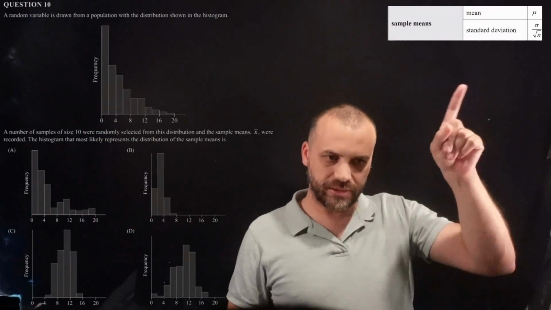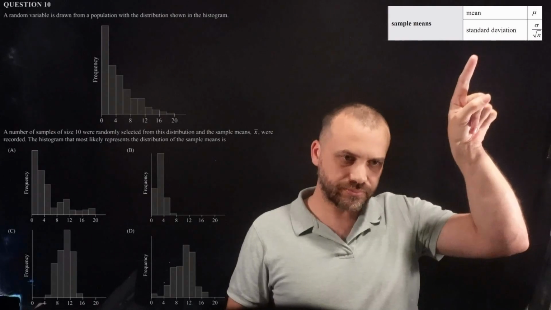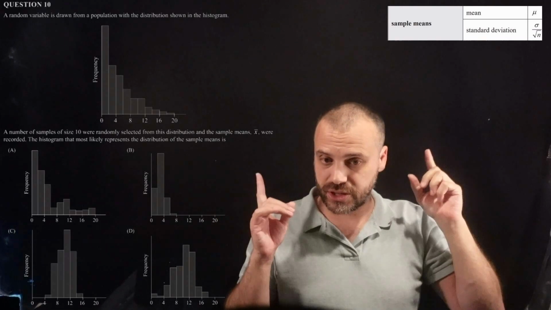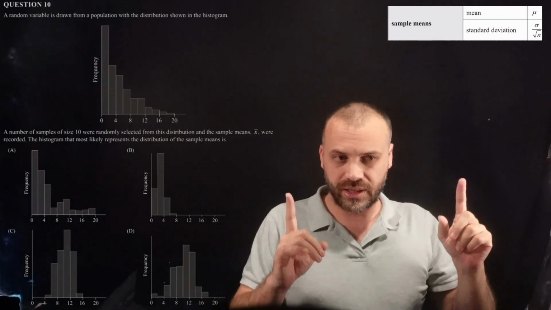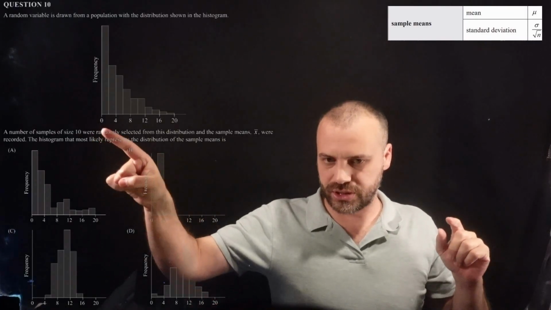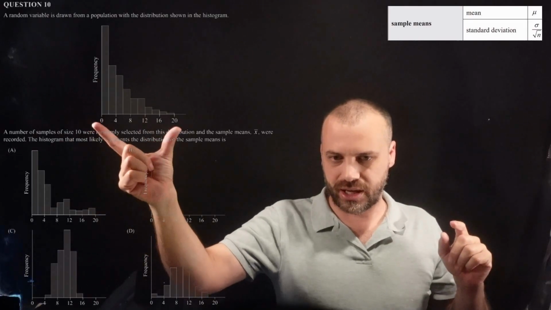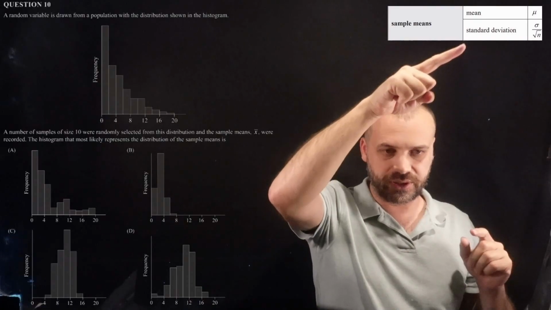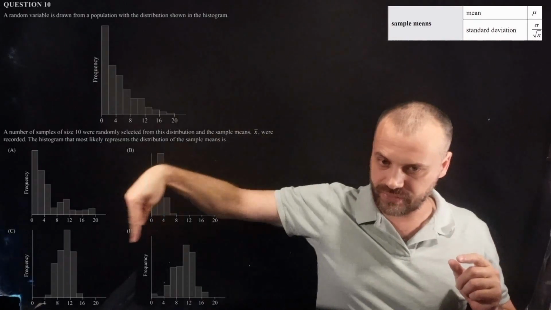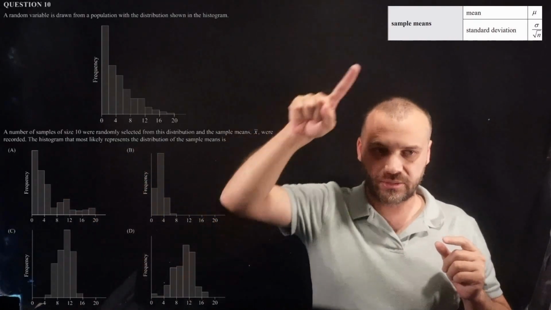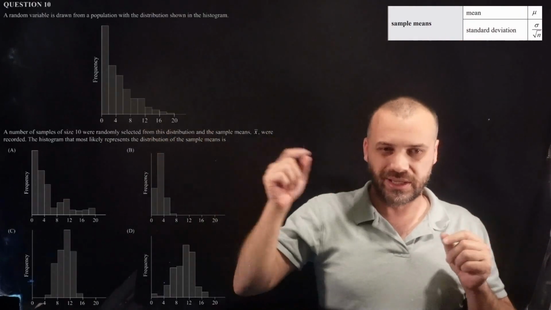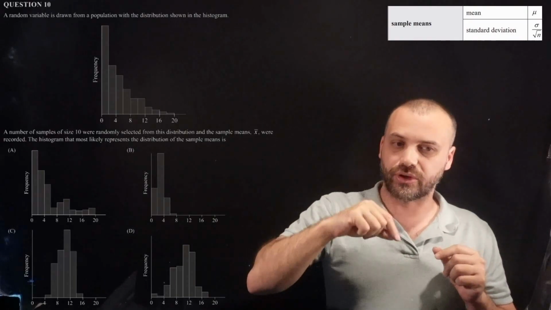I'm going to jump in, look at my formula sheet here, and look at the standard deviation. Standard deviation is a measure of spread. If we look at our population distribution, it's spread out from 0 to 20. The standard deviation of our sample means is going to be equal to the measure of spread of our population divided by the square root of the sample size.